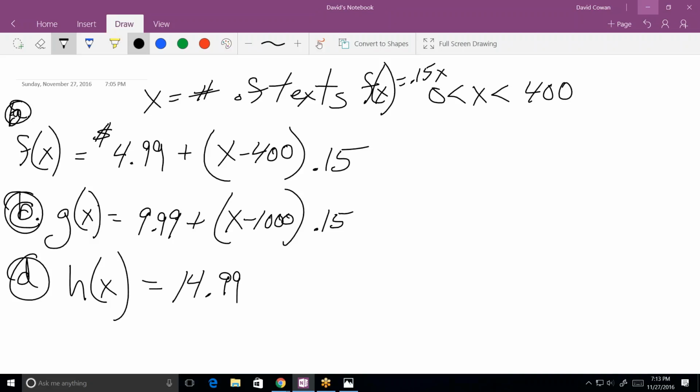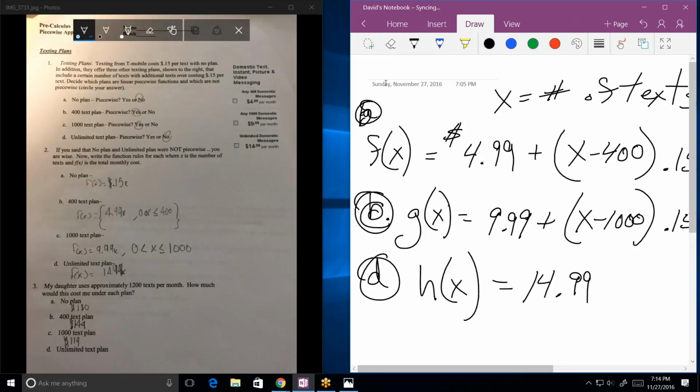The phone company asks you to pick a plan. So we can't really call it one function, and if x is between 0 and 400, we'd pay one thing, and if x is between 400 and 1,000, we'd pay another. If that's the way it was structured, then we could call it one piecewise function. But we can't. That's why I labeled it as 4 different functions, because it depends on the plan you choose. It's not automatic.